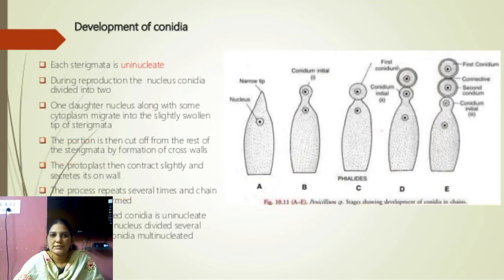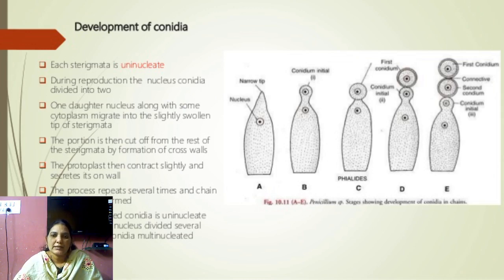Here in this clear picture, the club shaped structure is called conidiophore, and many nuclei are present in the conidiophore. The conidiophore produces one round shaped structure at its top, and one nucleus enters into the conidium, completing the formation of one conidium.